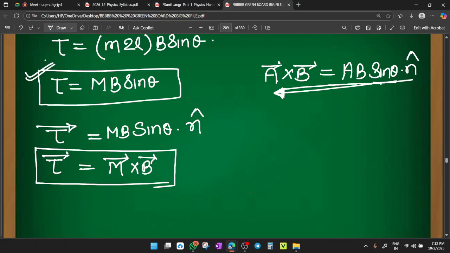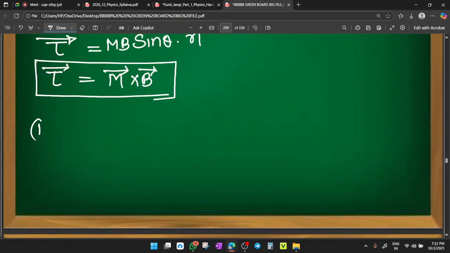So torque equals MB sine theta. This is a very important derivation. Now, two special cases. First, minimum torque: theta equals 0 degrees.